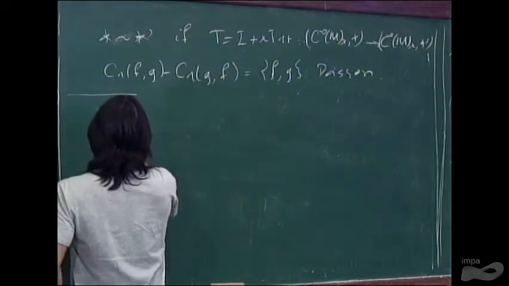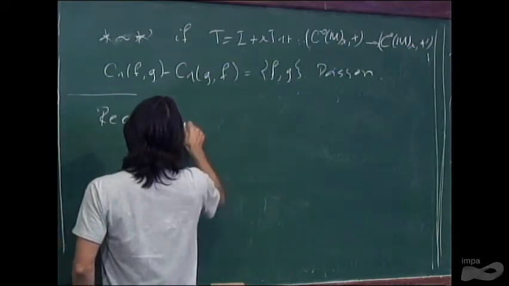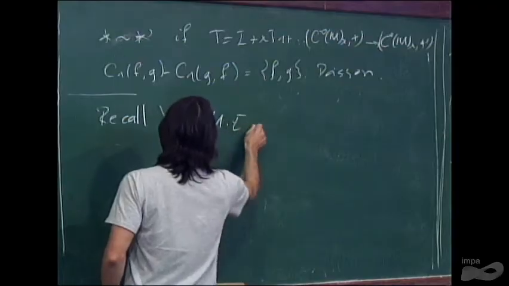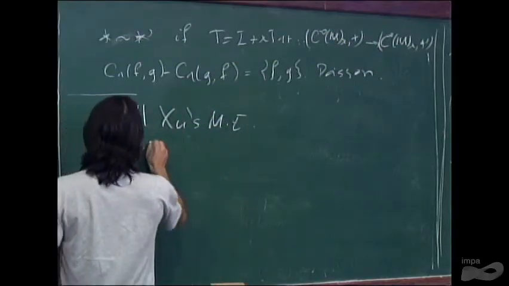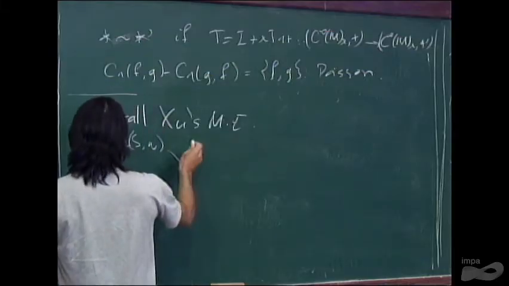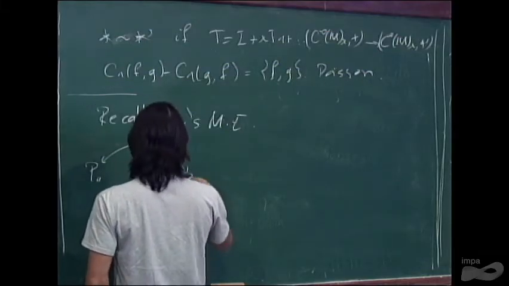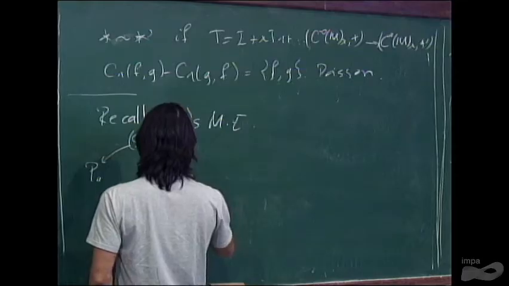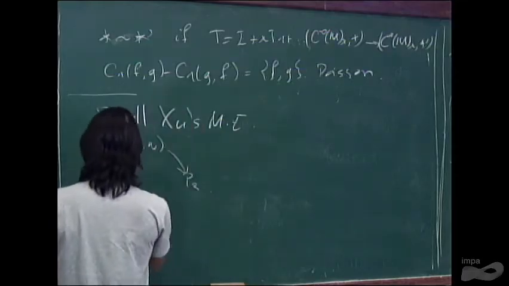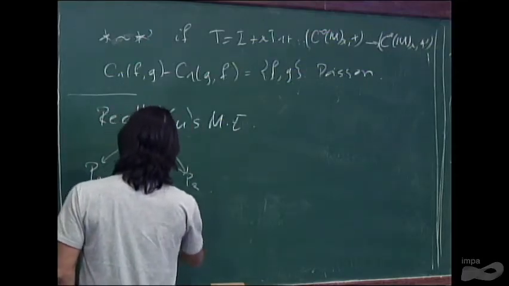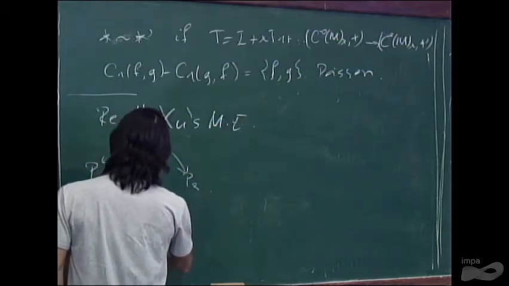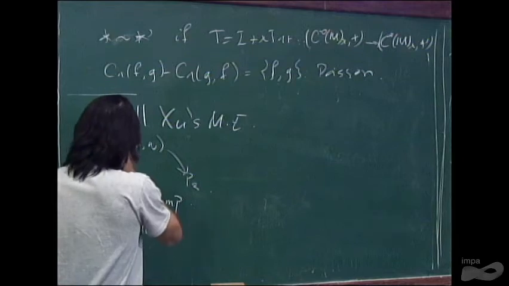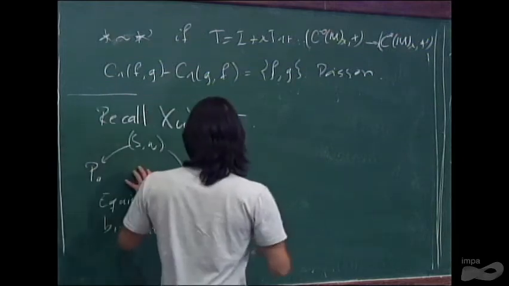So recall Morita equivalence for symplectic manifolds. What do we have there? We have this symplectic bimodule, I will call it an equivalence, a symplectic bimodule.